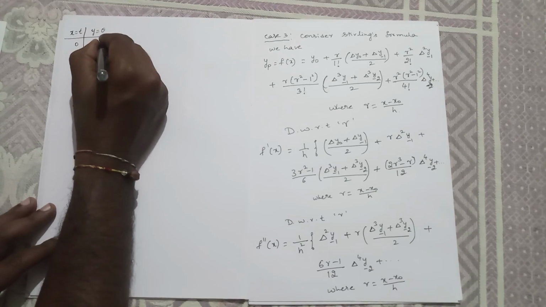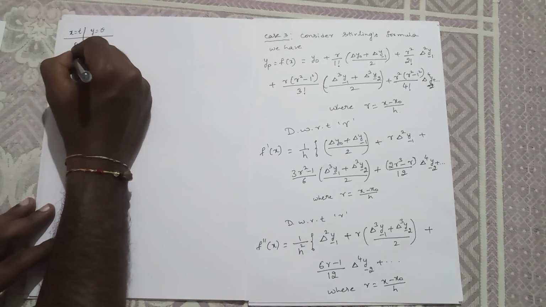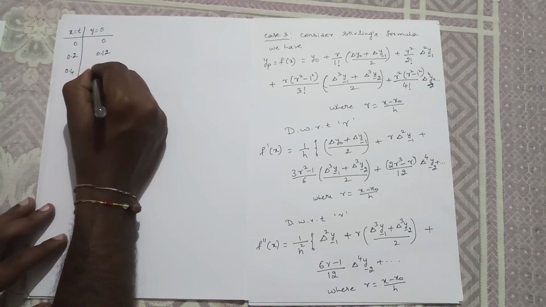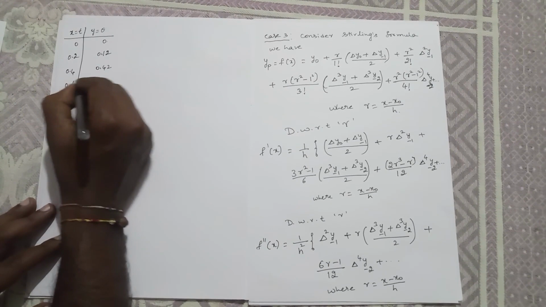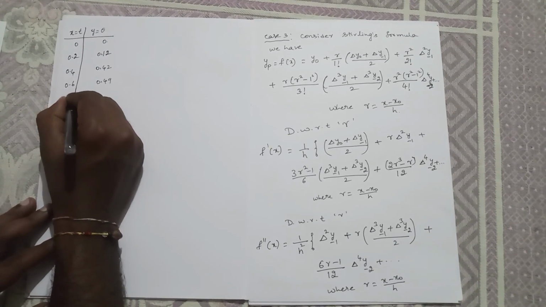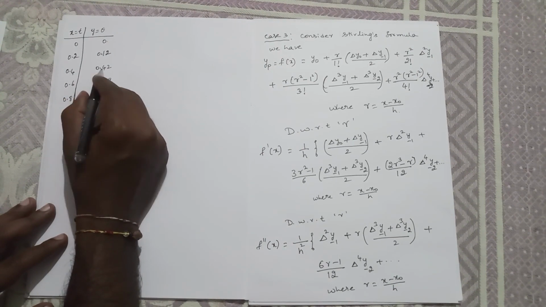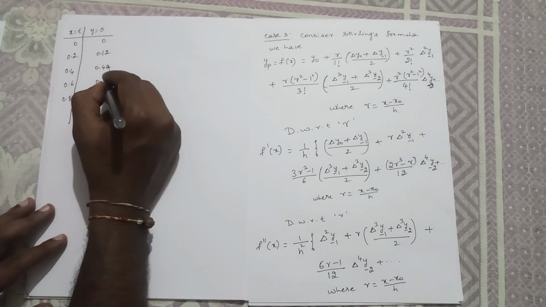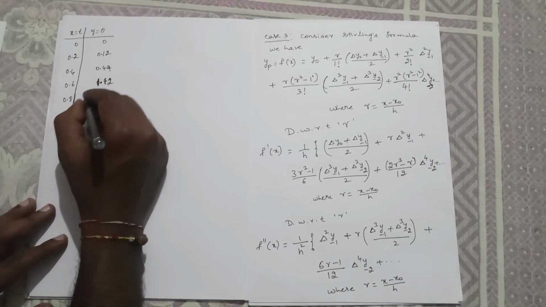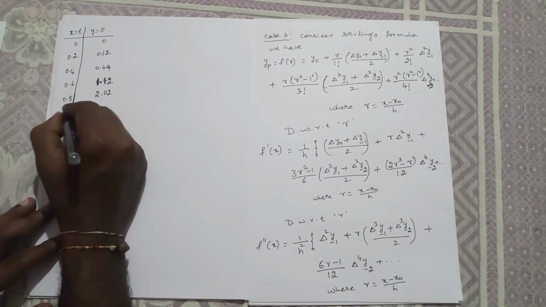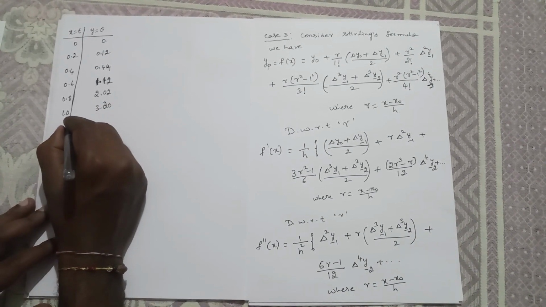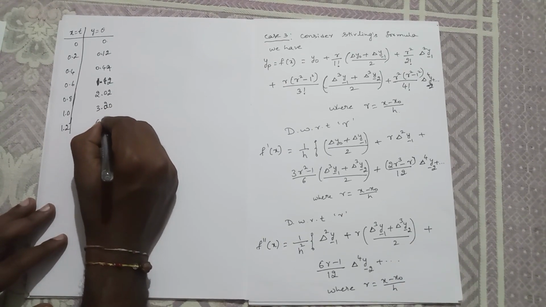For 0 it is 0, for 0.2 it is 0.12, for 0.4 it is 0.49, for 0.6 it is 1.12, for 0.8 it is 2.02, for 1.0 it is 3.20, and for 1.2 you get 4.67.